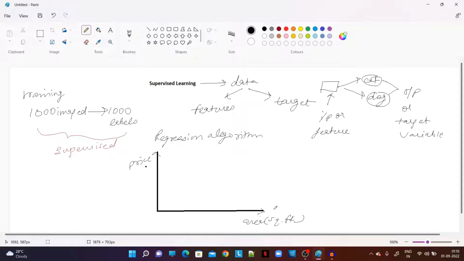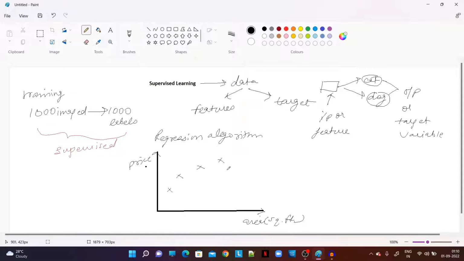But what is the relation between them? Suppose we have these values here. This is one data point, and this is another data point, this is another, and another, and suppose this is another data point.